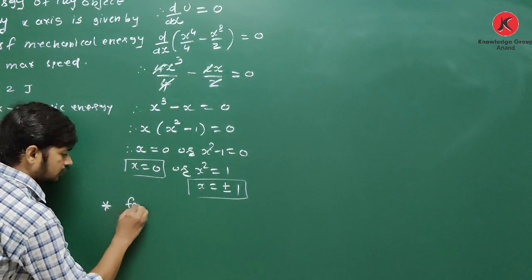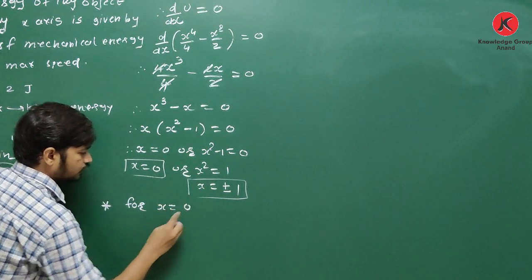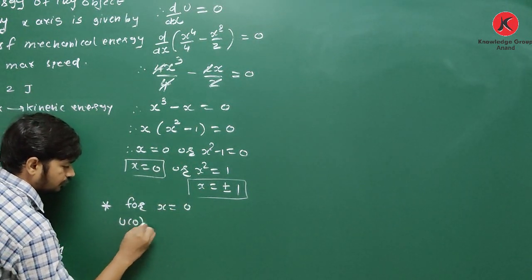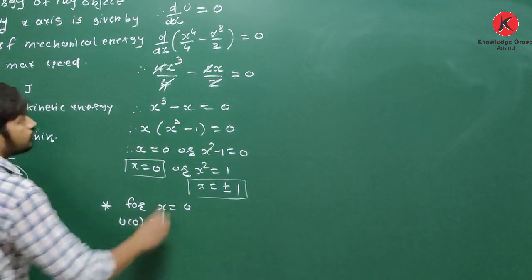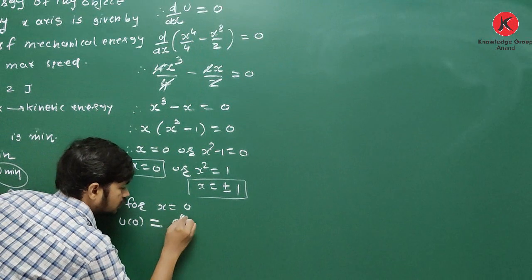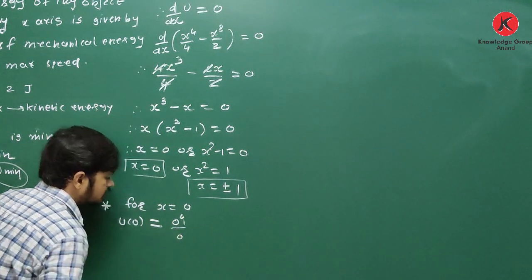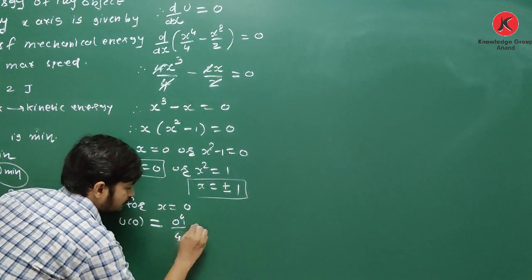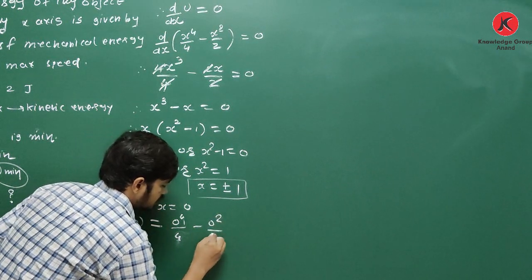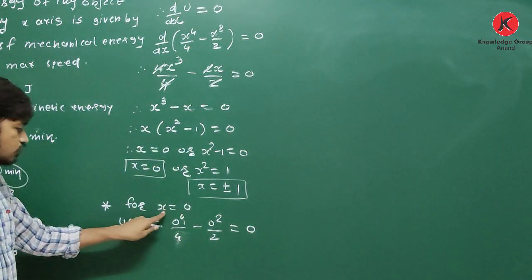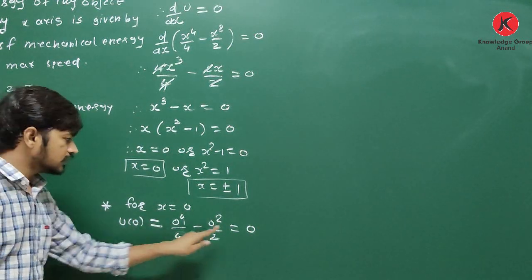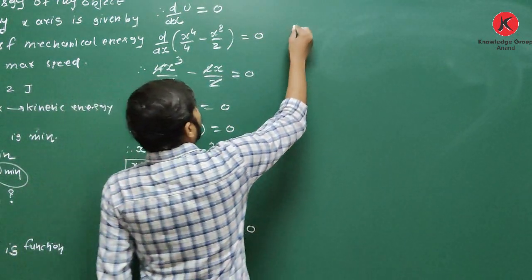For x is equal to 0, U(0) is equal to 0 raised to 4 upon 4 minus 0 raised to 2 divided by 2, which is 0. So for x is equal to 0, the potential energy is 0.